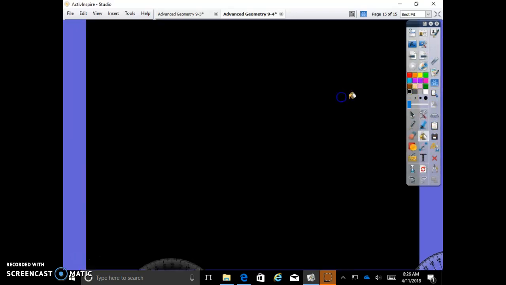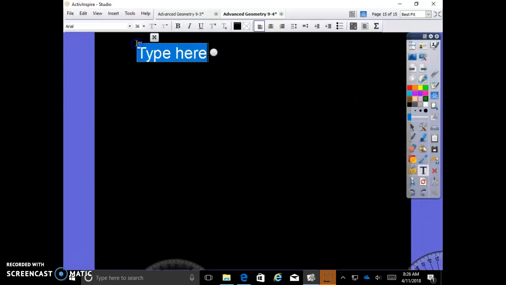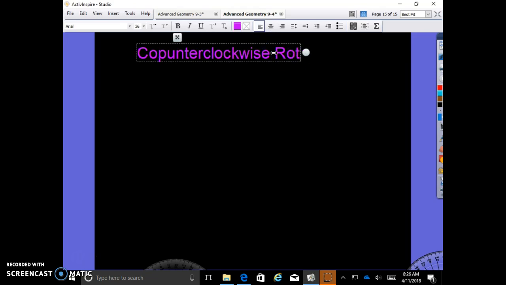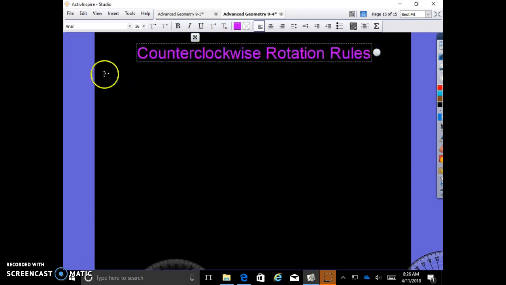So here are the rotation rules, and our rotation rules are always counterclockwise unless they specify otherwise. I want you guys to copy this down. Yes, I can see. All right, so these are our counterclockwise rotation rules.